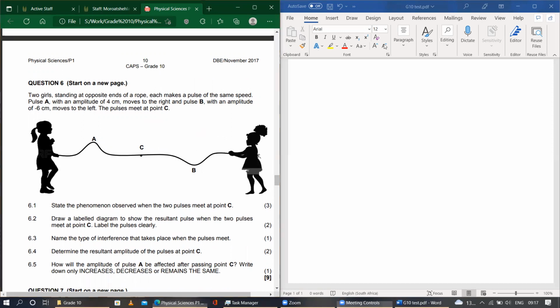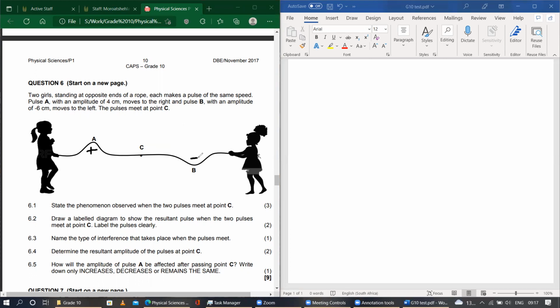So let's just go here. Question 6. Two girls are standing at opposite ends of a rope, each making a pulse of the same speed. Pulse A has an amplitude of 4 centimeters, so you know that pulse A is positive, and pulse B has an amplitude of negative 6 centimeters.